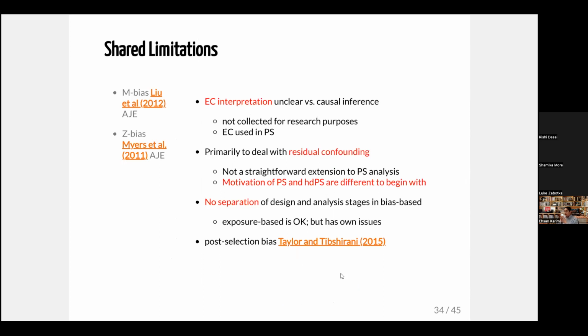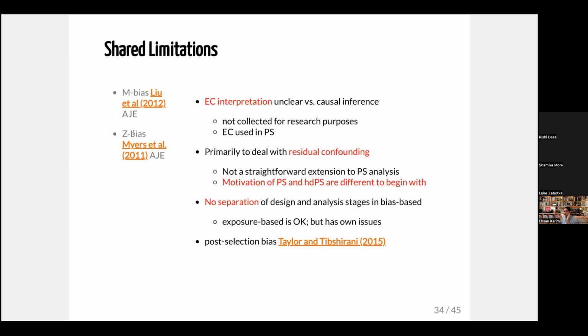All right, so obviously there are some shared limitations with the high dimensional propensity score as well as the machine learning alternatives, and let me just highlight them. The M bias and Z bias are generally issues in epidemiologic studies, and given the way we have defined the empirical covariates and used them in our analysis, our analysis is not free from bias from this M bias and Z bias.